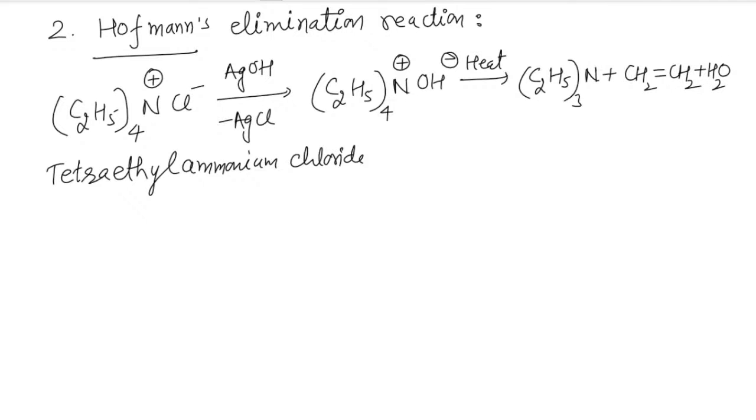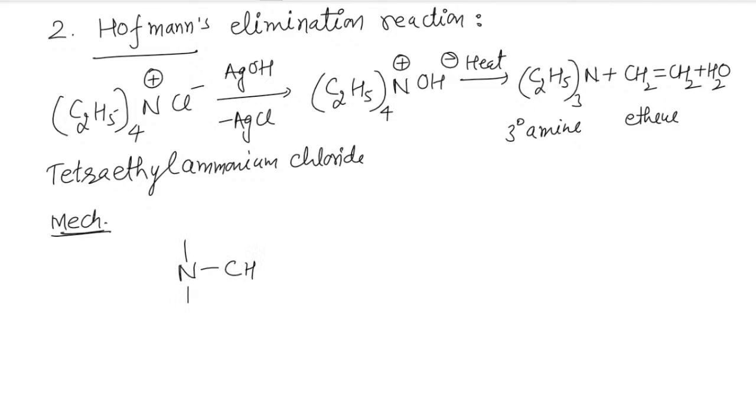So we get ethene as the product. Okay, so we get a tertiary amine, that is triethylamine, ethene and water. A glimpse about it only. I am not writing the complete mechanism, just a glimpse.